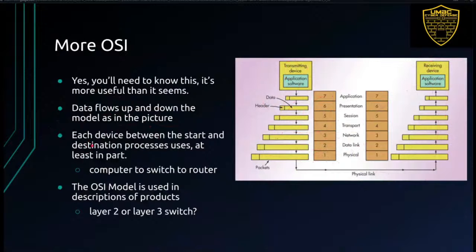Each device between the start. Okay, this is another interesting thing to note. This is not necessarily you go all the way up and all the way down. If I have my computer here and I'm on YouTube or something, it's going to go from YouTube, which is HTTP application, all the way down to the physical.